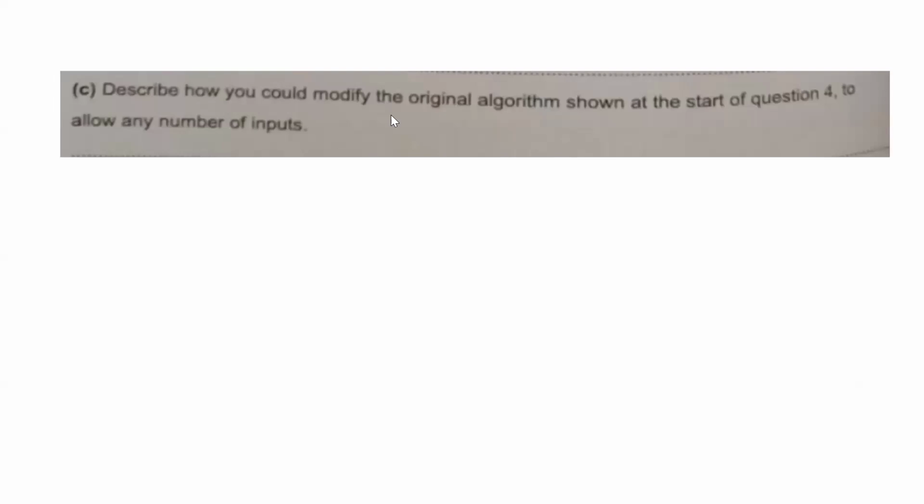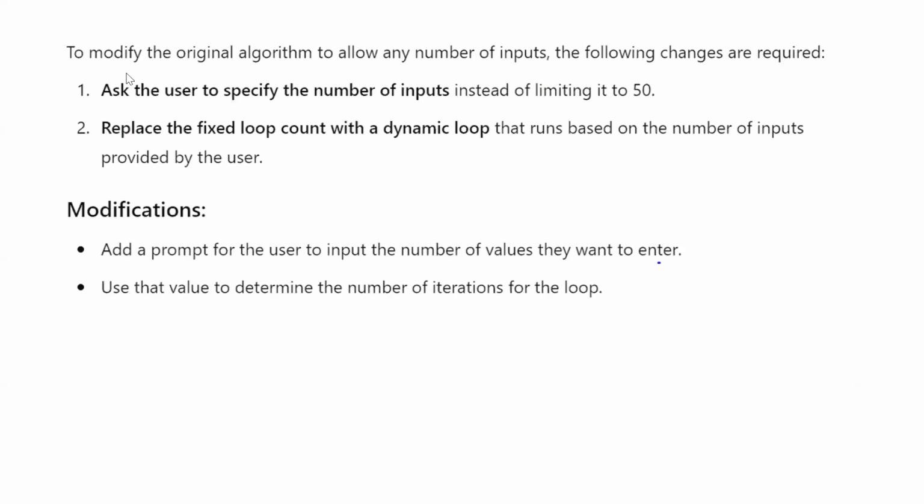Describe how you could modify the original algorithm shown at the start of question 4 to allow any number of inputs. Again, it is asking to allow any number of inputs. Okay. Now see the description. To modify the original algorithm to allow any number of inputs, the following changes are required. The same thing we have done at the start of the slide.